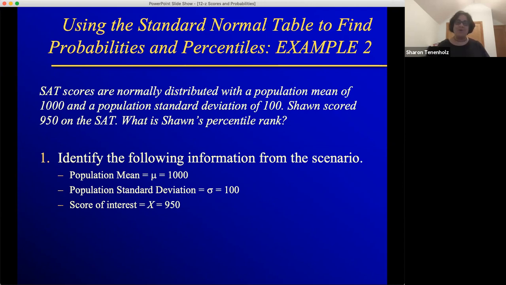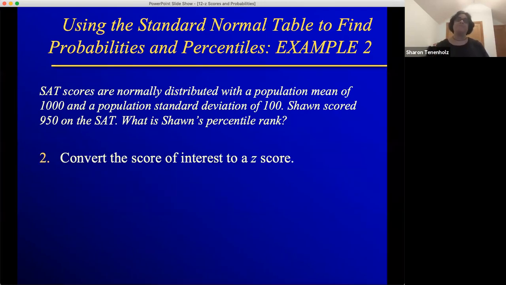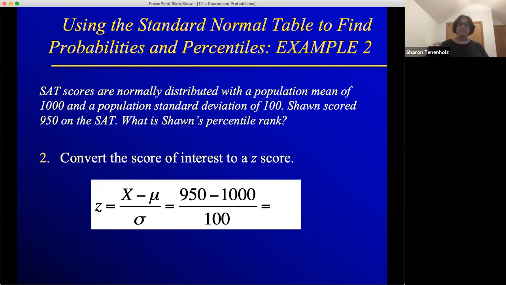So once again, we need to calculate our z-score for Sean using the information given in the problem. So here we go. For our z-score, we take Sean's score of interest, 950, minus the mean, 1,000, divide that by 100, and we plug that into our calculator, and we find that Sean's z-score is negative 0.5.